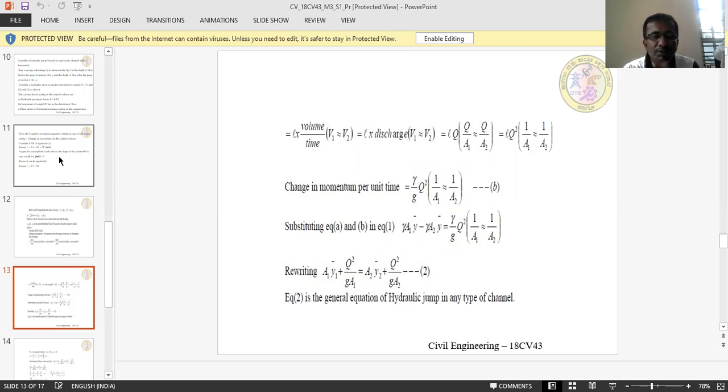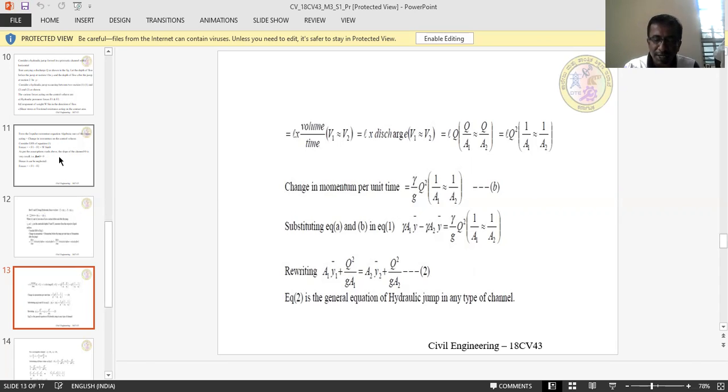Rewriting, this can be written as A1 Y1 plus Q square by g A1 equals A2 Y2 plus Q square by g A2. This is the general equation for hydraulic jump in any type of channel, whether rectangular or otherwise.